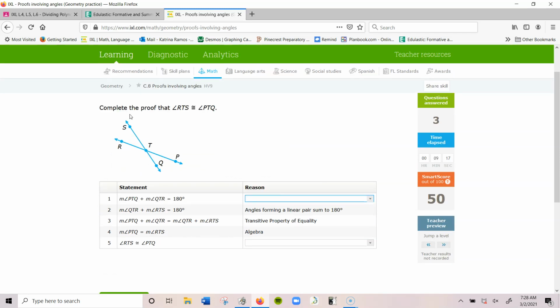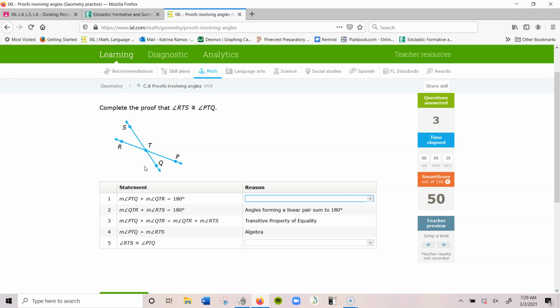Okay, here it says complete the proof that angle RTS is congruent to PTQ. So here we have PTQ plus QTR is equal to 180. You can see that it forms a straight line.